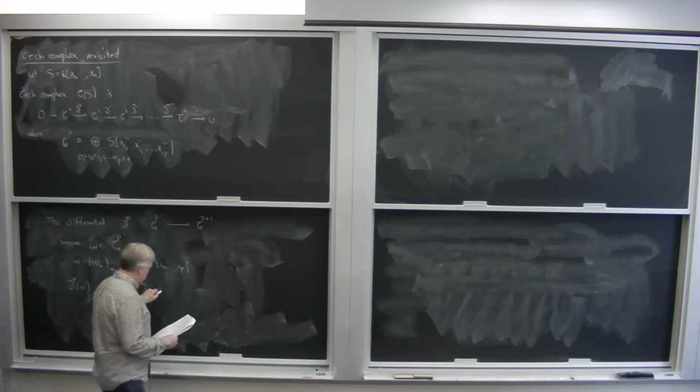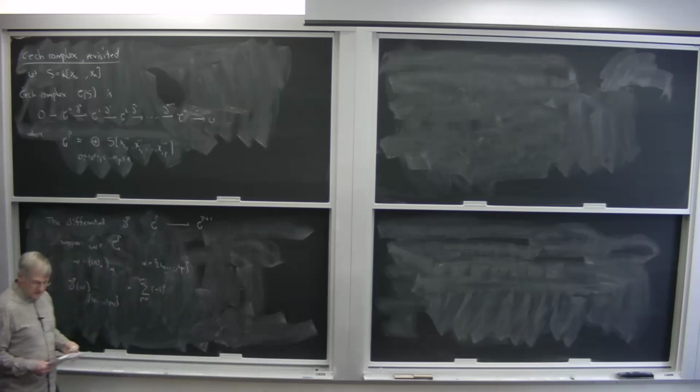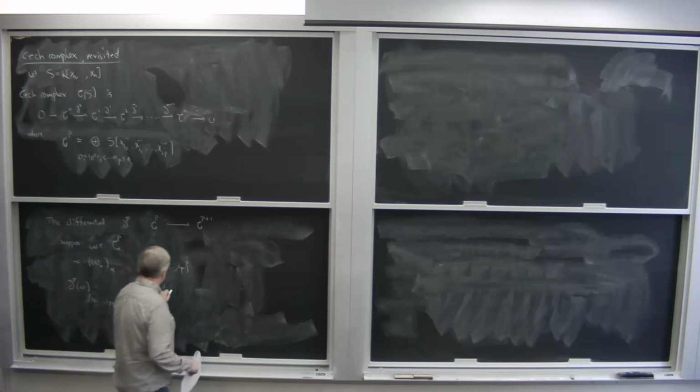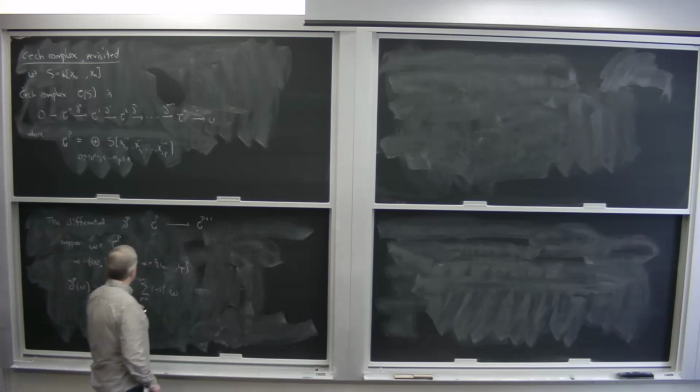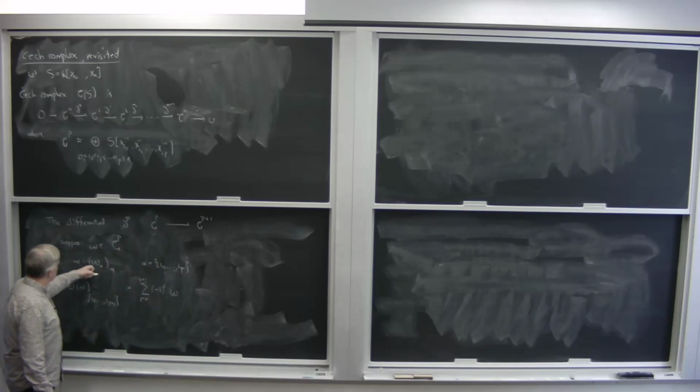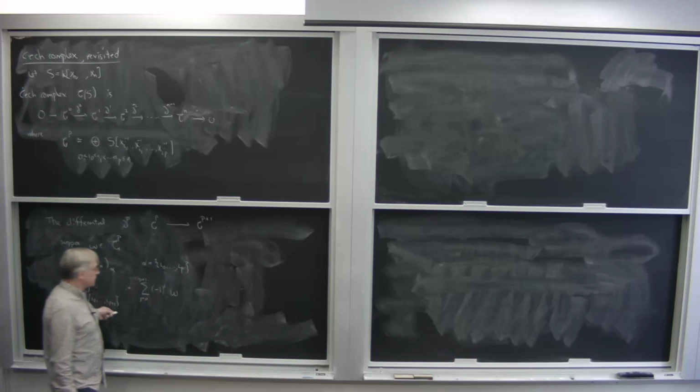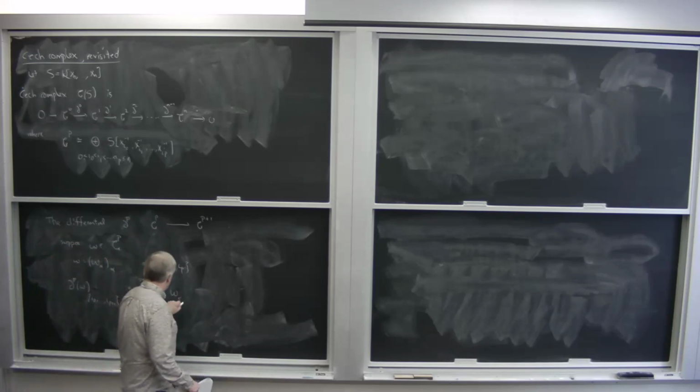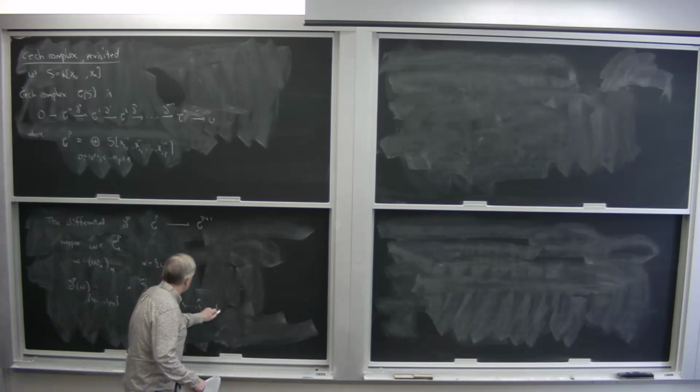And what is it? It's minus 1 to the j, again chosen so the first one is positive, and then omega. All I know about omega is that it has these components, so I just remove the jth one of these. So this is going to be at the point i_0, ..., i_j with a hat on it, ..., i_p. Remove this one.